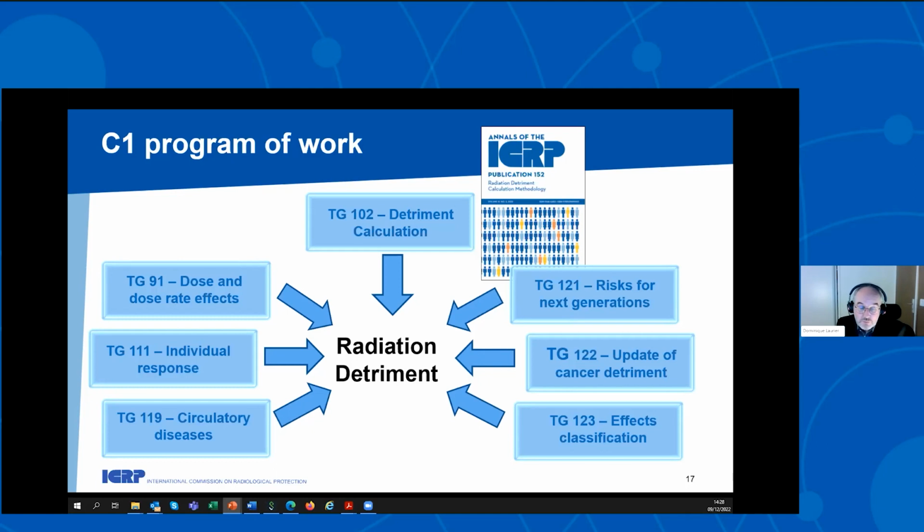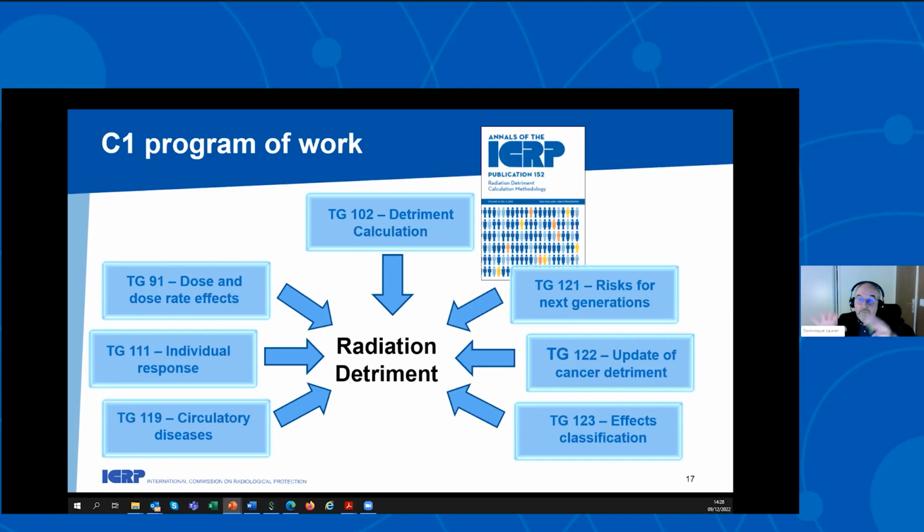TG 122, which has a huge work to do on the update of cancer detriment, and TG 123, which is intended to reflect on the classification of effects in the current system as it is right now.